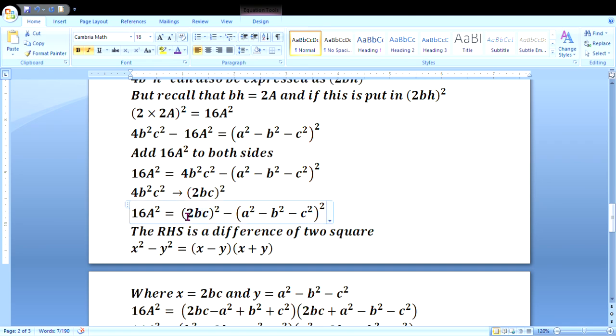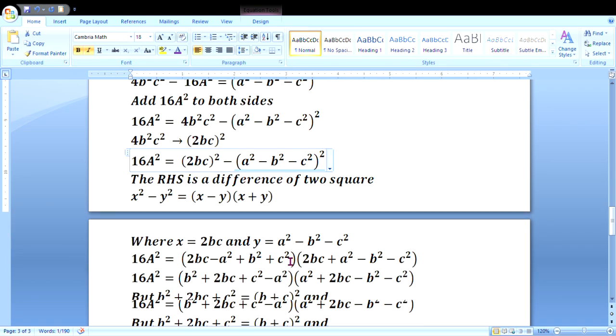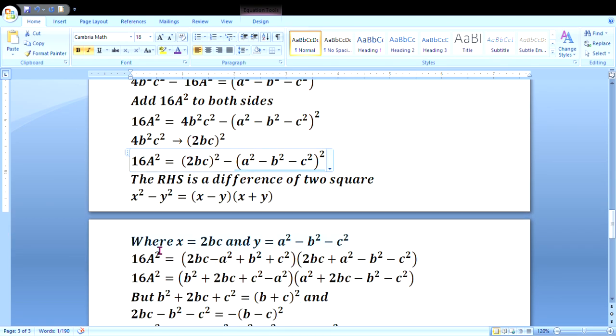If you look at this part here, it's completely a difference of what? 2 squares. So if we have x square minus y square, the expression can be written as open bracket x minus y close bracket open bracket x plus y close bracket. Here x is 2bc and y is a square minus b square minus c square.